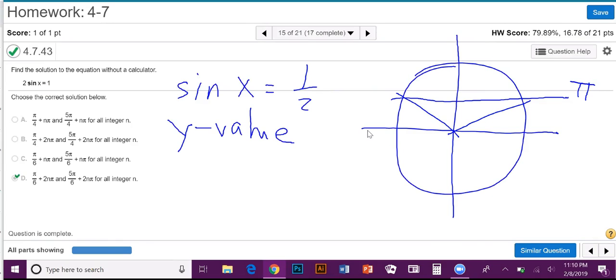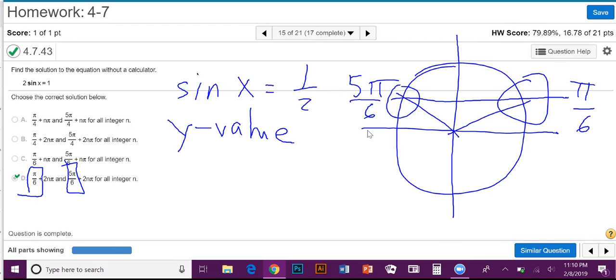That's going to happen here at pi over 6. It's also going to happen over here at 5 pi over 6. Now, I can go around that circle a million times, and every 2 pi, I'm going to land either here or here. That's why it has to be pi over 6 and 5 pi over 6. But you have to have the 2n pi because the 2 pi is the period of the function, and n represents the number of times you went around and the direction you went around.